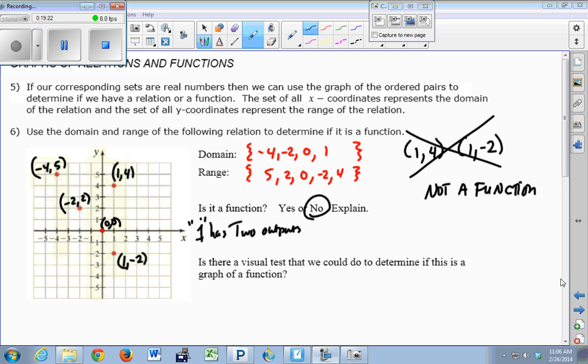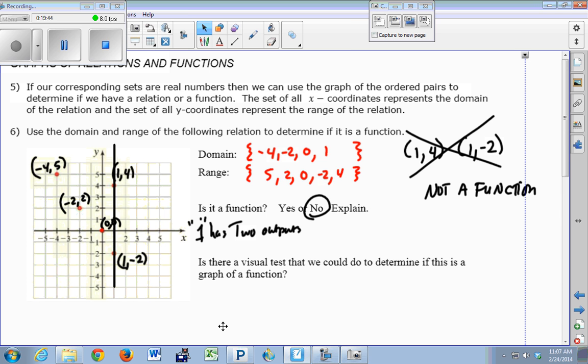If you drop a vertical line, let's find a line here. If you drop a vertical line straight down through x equals 1, I'm going to have to move it over a tiny bit. There we go. So if you drop a vertical line down through x equals 1, the equation of that vertical line is x equals 1.